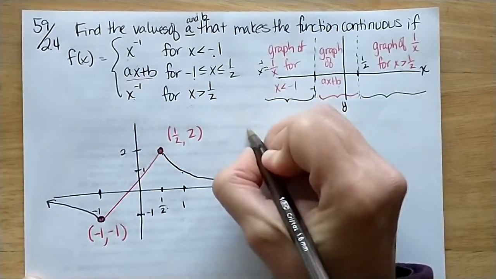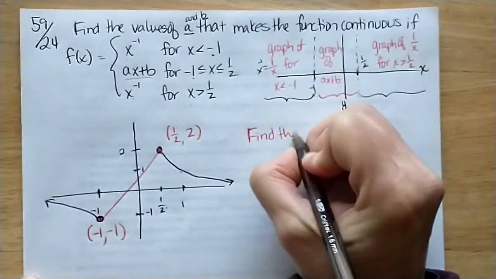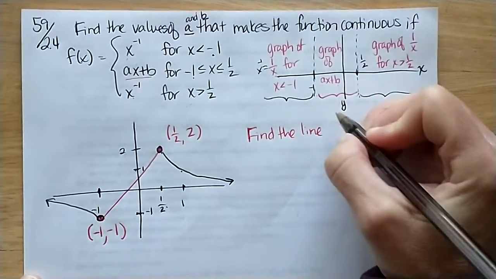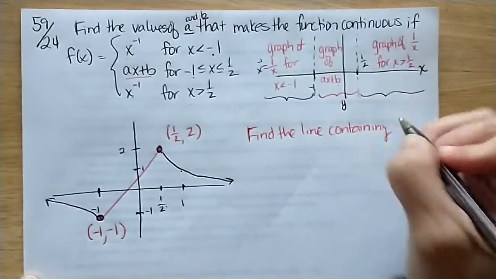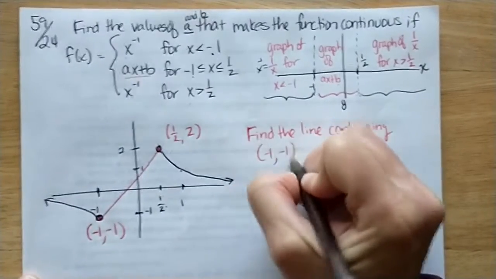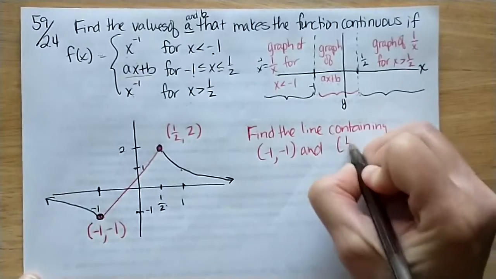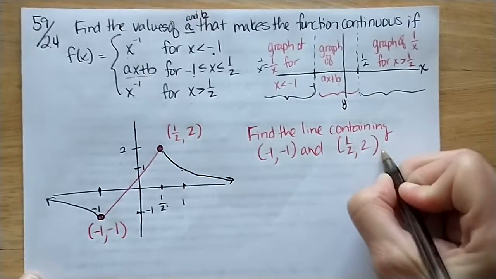So we now need to find the line containing -1, -1, and 1/2, 2.